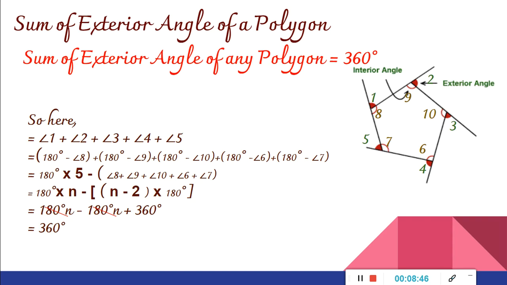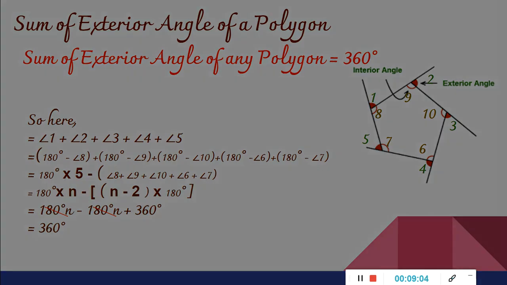So sum of the interior angles of any polygon with n sides is n minus 2 into 180. The same way, sum of the exterior angles of any polygon is equal to 360 degree. Clear? Okay.